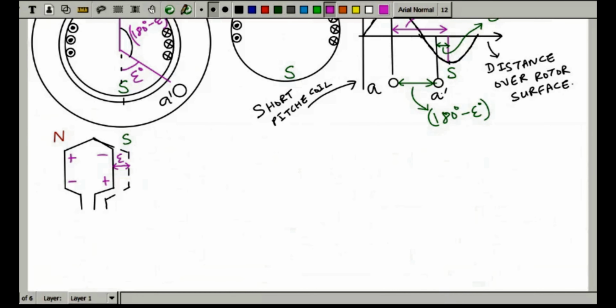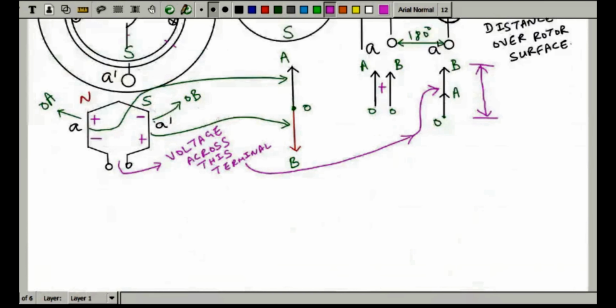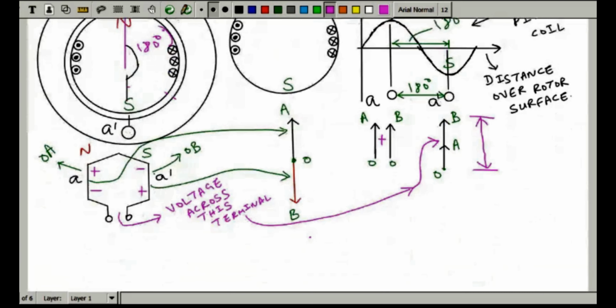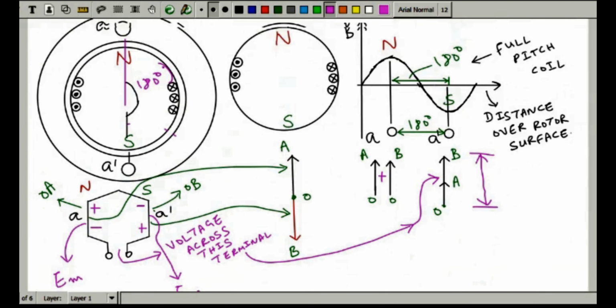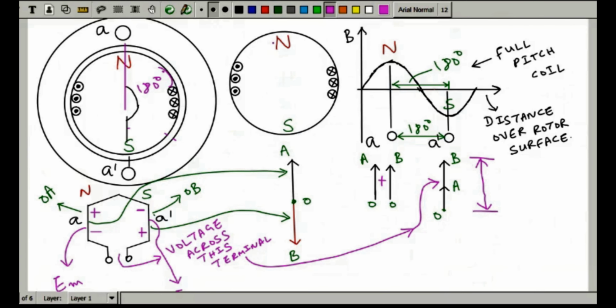Let's say the value is EM for this one, and magnitude wise this is also EM, because both are under the peak. So the induced EMF will be maximum for both of them.